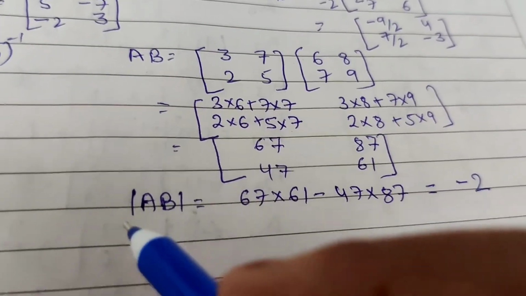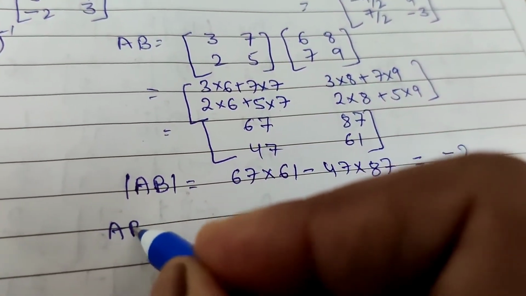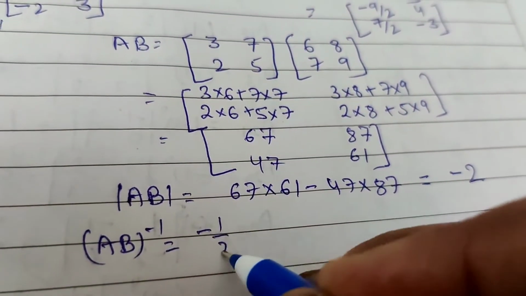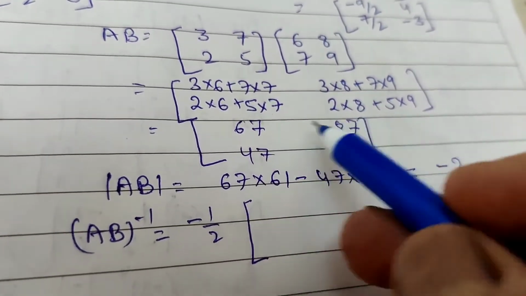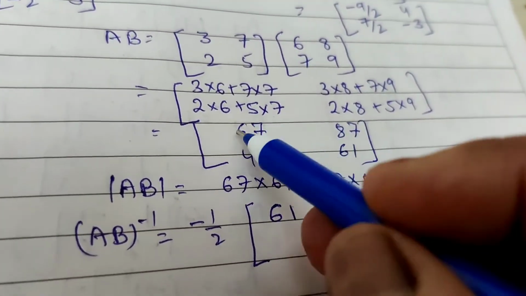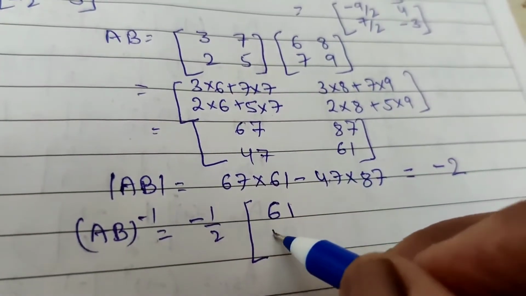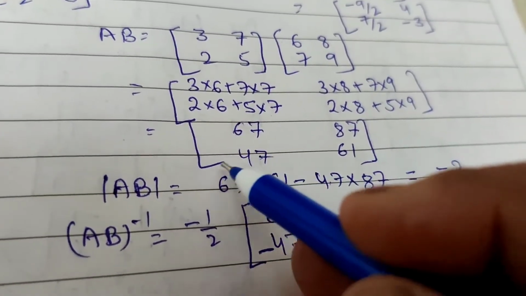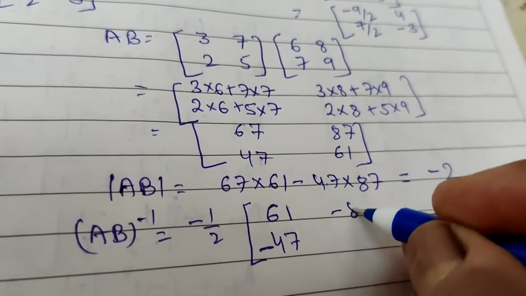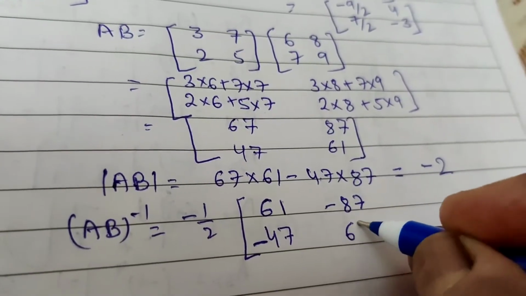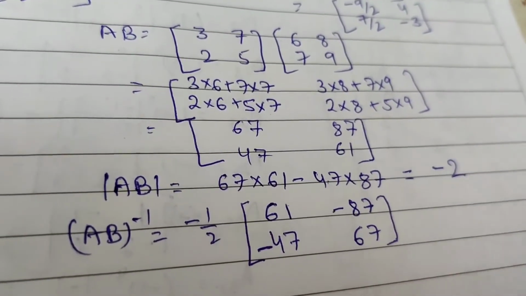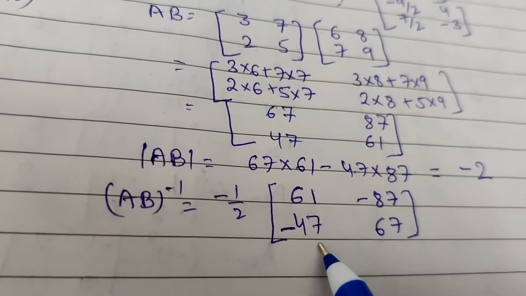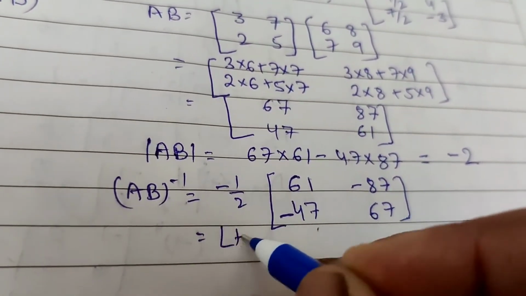Now the AB inverse is minus 1 by 2, with A11 61, A12 minus 47, A21 second row first column minus 87 and this will be 67. And this is the LHS.